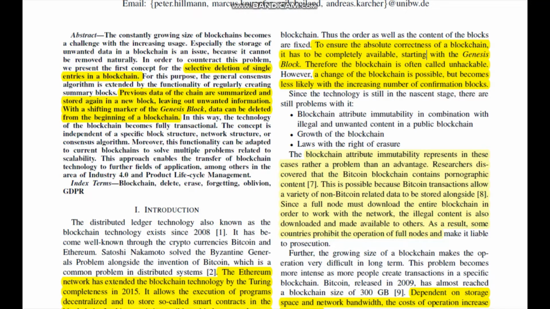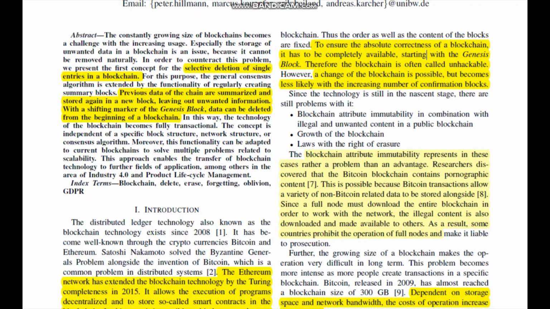It might not be carried forward and forward, but if it's a very long chain and you have to change something at the start, it will affect each and every block till the end of that blockchain. So the blockchain attribute immutability represents in these cases rather a problem than an advantage.